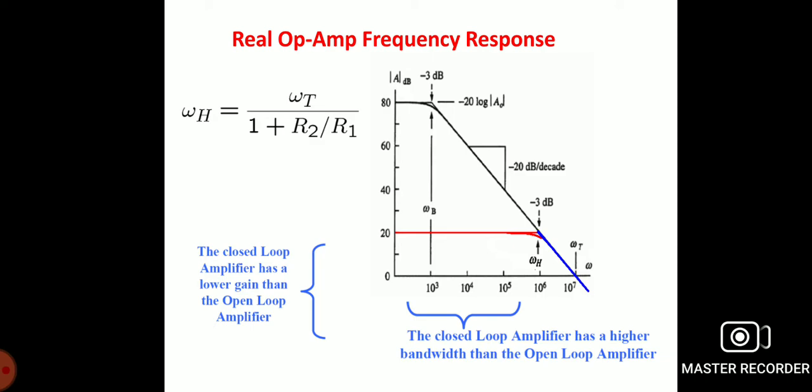Here omega naught is the 3 dB frequency of the signal. So the closed loop bandwidth omega H, or omega 3 dB, is equal to omega T divided by 1 plus R2 divided by R1.